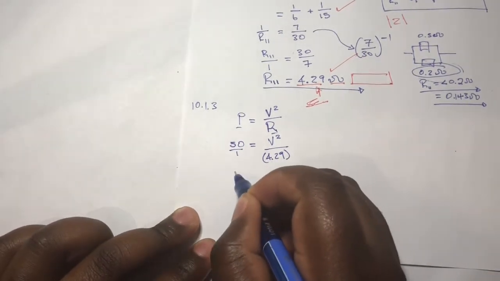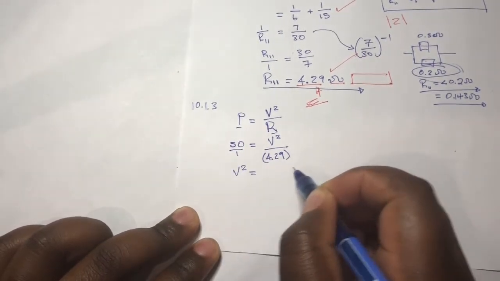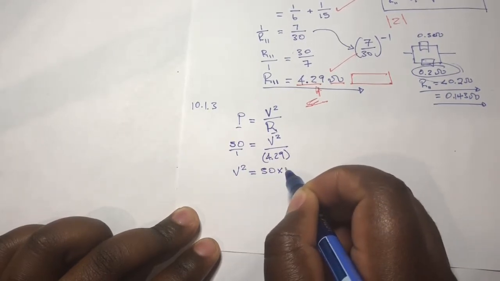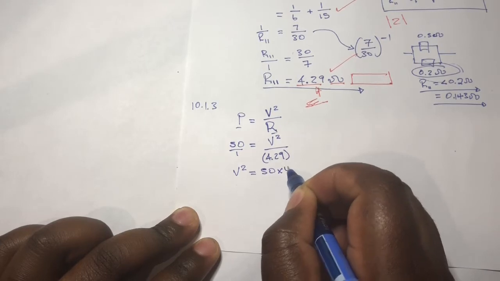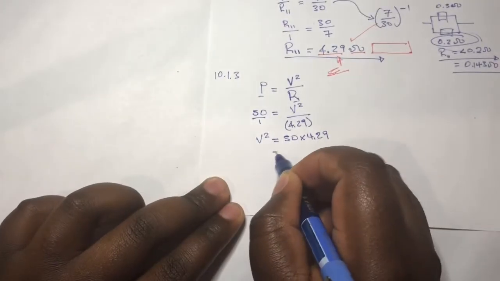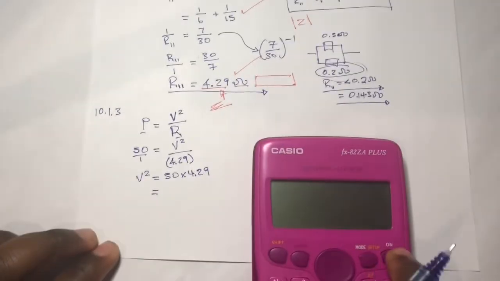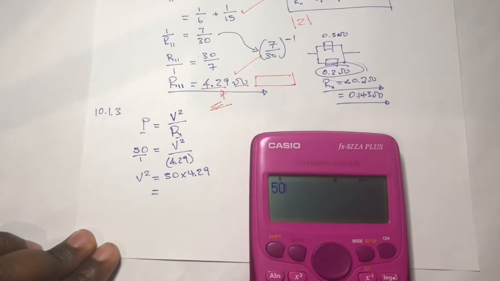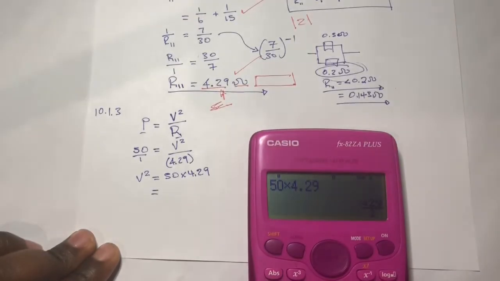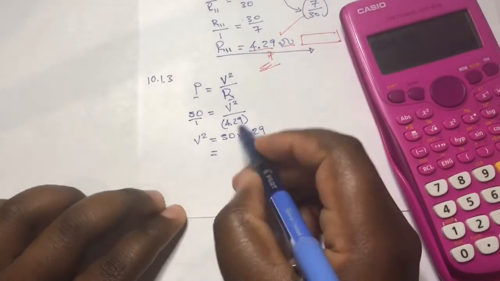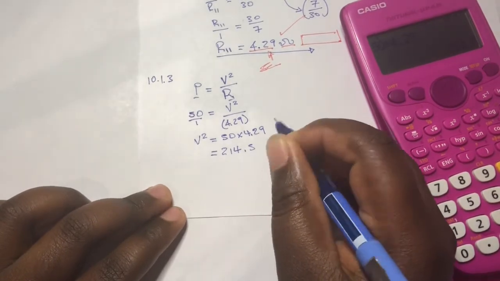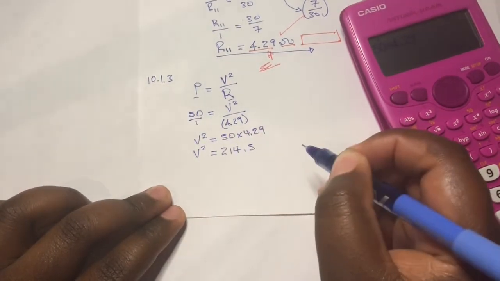So I've got V squared, which is equal to 50 times 4.29, which is equal to 214.5. So remember, this is equal to V squared.